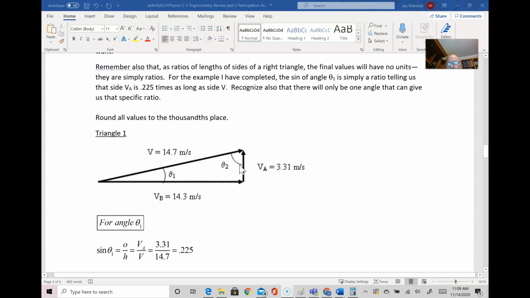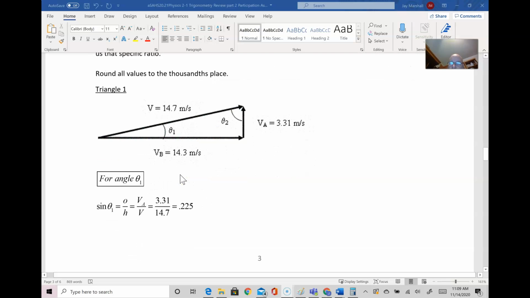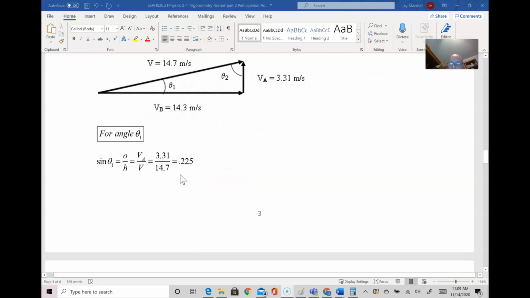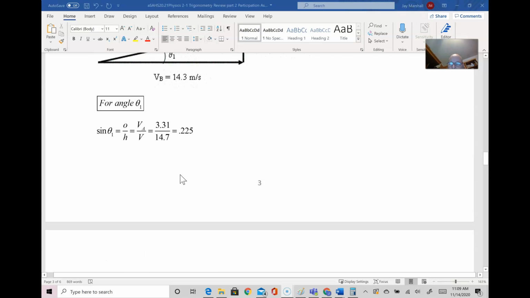And finally, recognize that there will only be one angle that can give us that ratio. It doesn't matter what that angle is right here, but only that particular angle can give us this ratio of the opposite side to the hypotenuse. No other angle can do that. Okay, and we're going to round all values to the thousandths place.